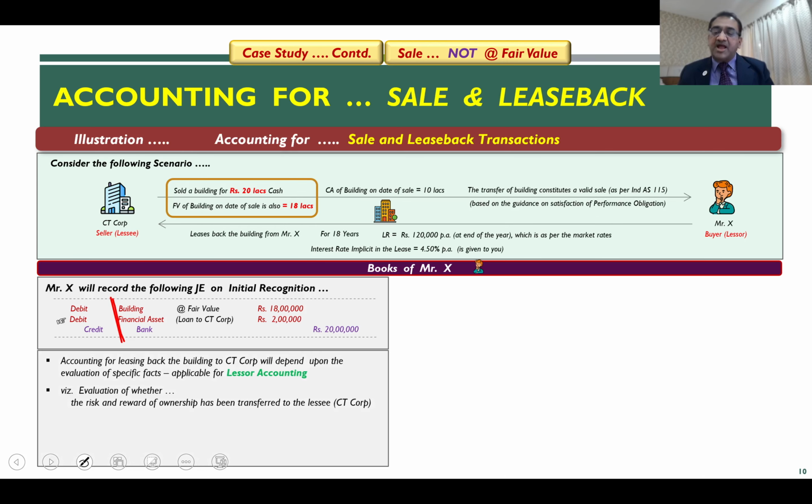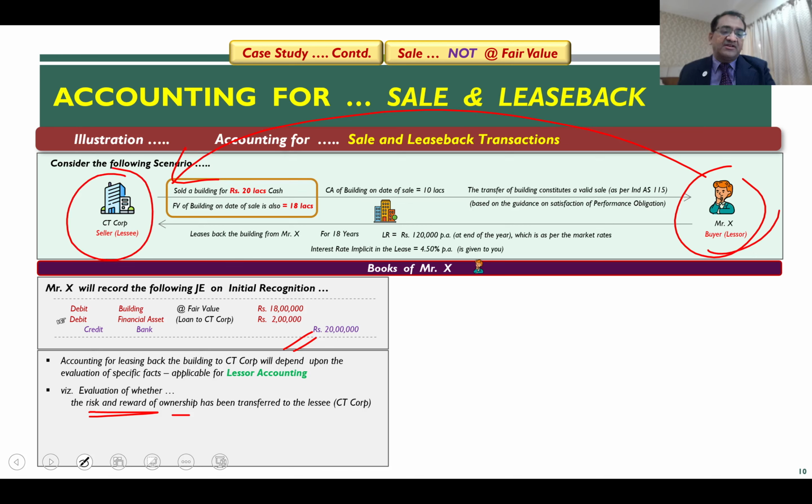What next? Now, accordingly, in this case, the leasing back of the building to CityCorp will depend upon the accounting for leaseback from the lessor to the lessee, which will depend upon the evaluation of whether the risk and reward of ownership has been transferred by Mr. X to CityCorp.